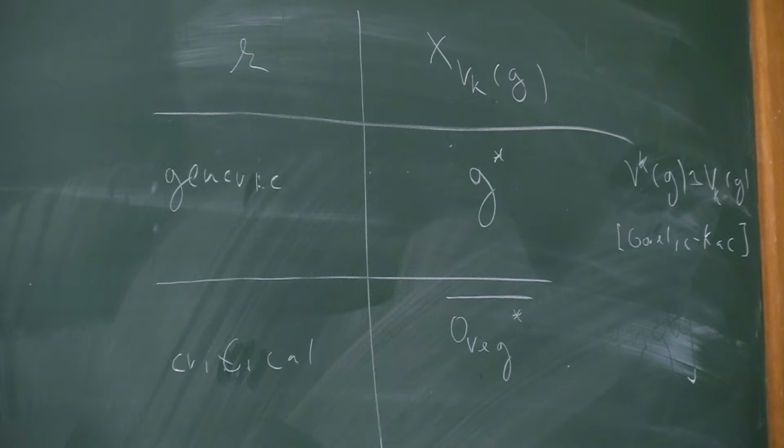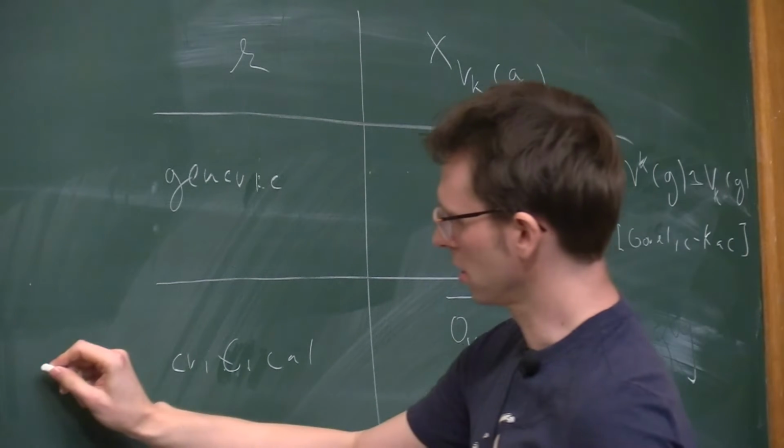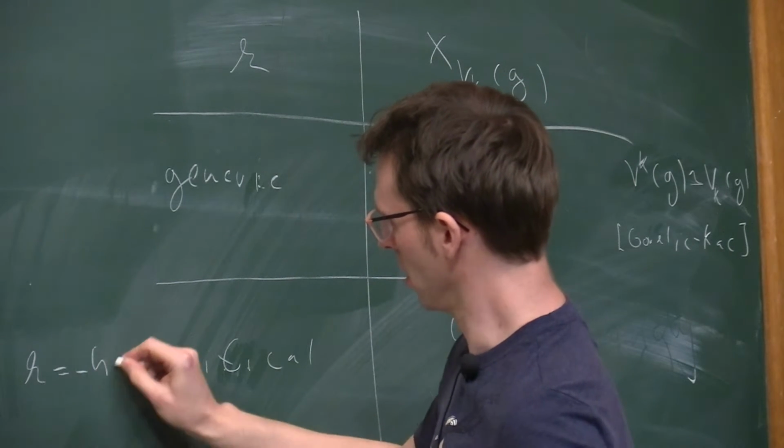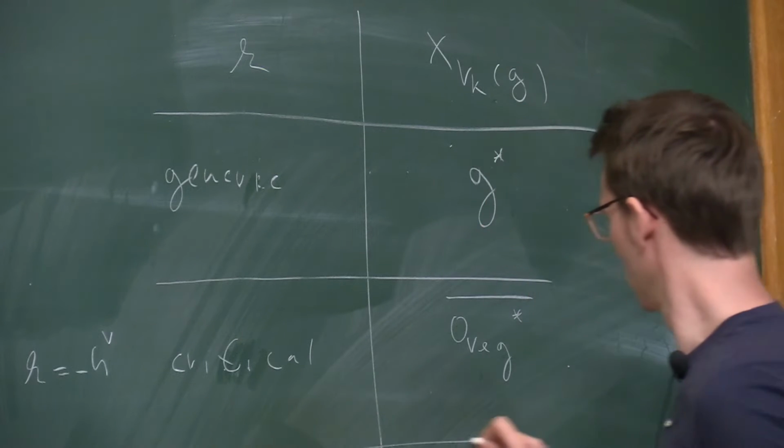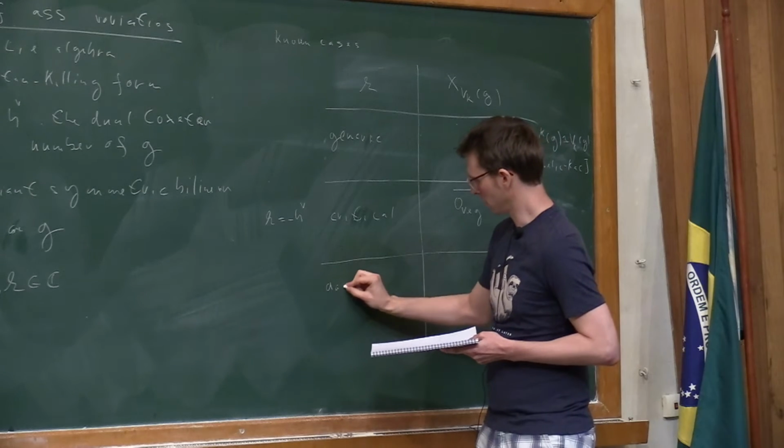Critical means that k is equal to minus h^∨, minus the dual Coxeter number. And the last well-known class is the admissible level.